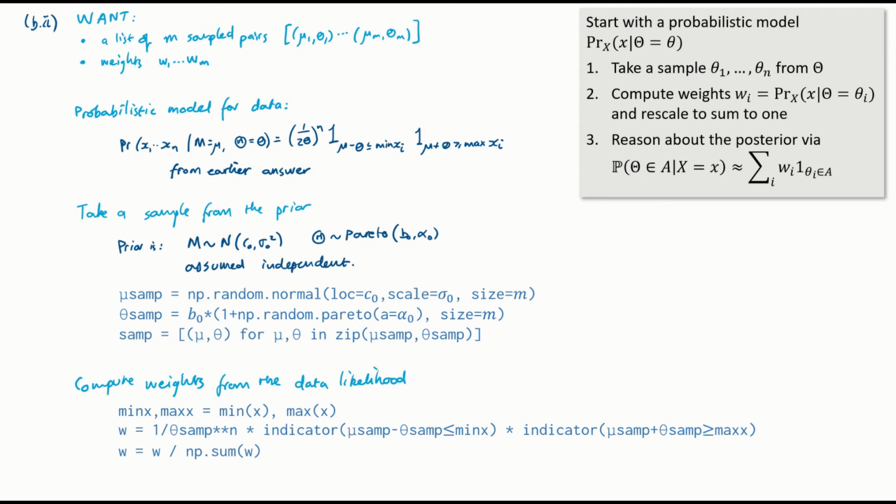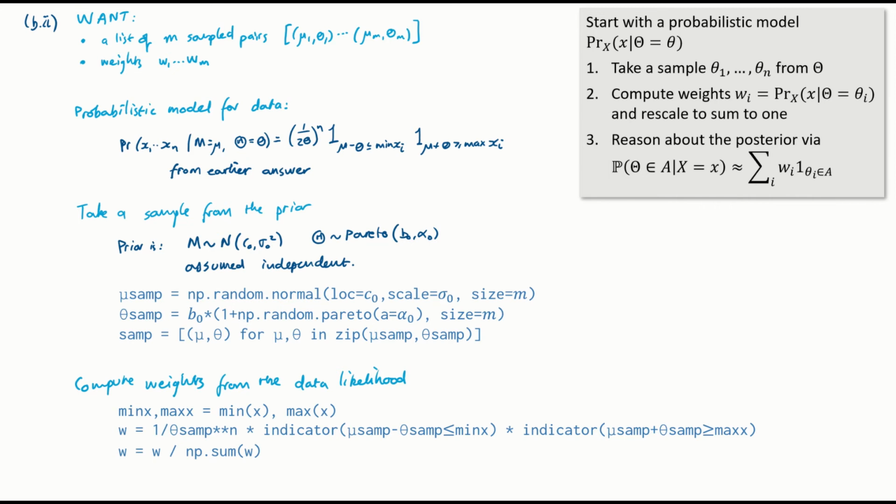The way I've written it here, it's NumPy vectorized code. It's quite terse, quite dense. This is a vectorized operation. What this code does is that for every mu, theta pair in the list of samples, it's going to work out the data likelihood. So I end up with a vector w the same length as the list of theta samples.